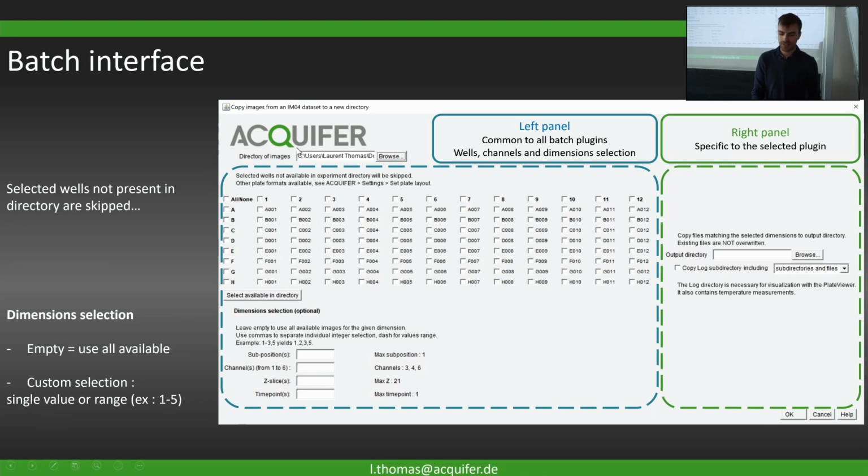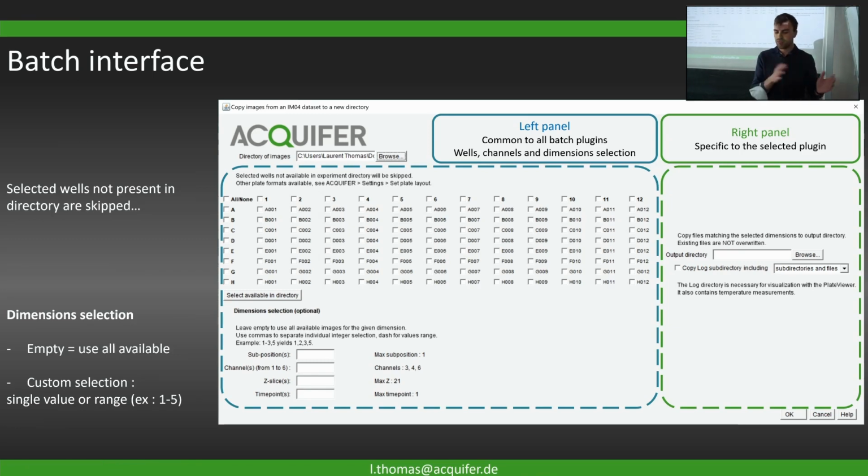First you input what dataset you want to work on. Then you can select some wells or all of them, and eventually specify specific dimensions, let's say you want to use only part of the Z slices or part of the channels.